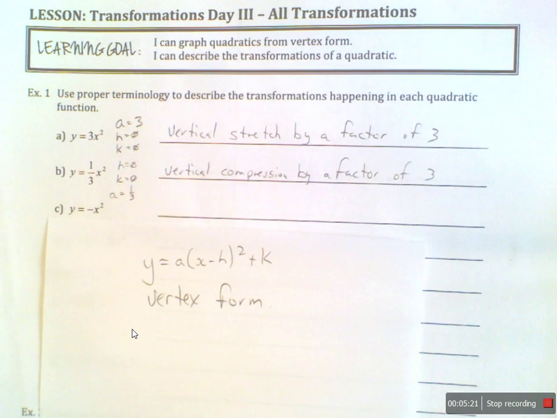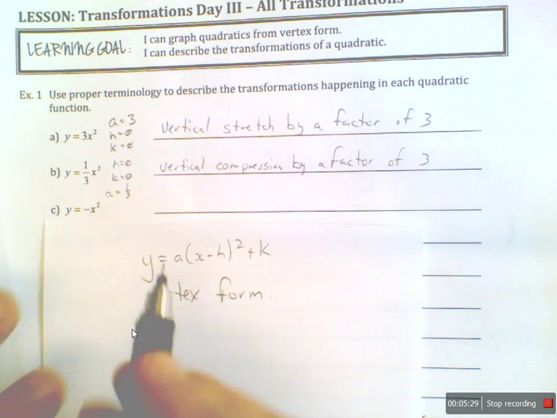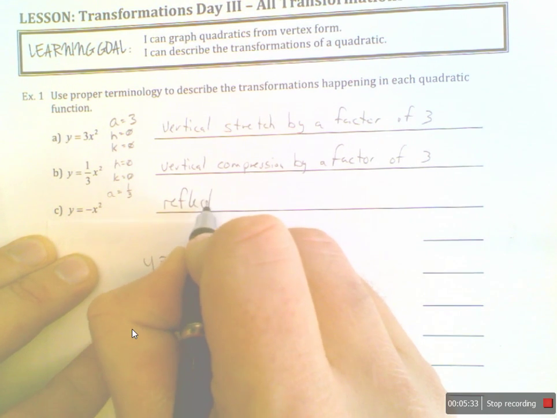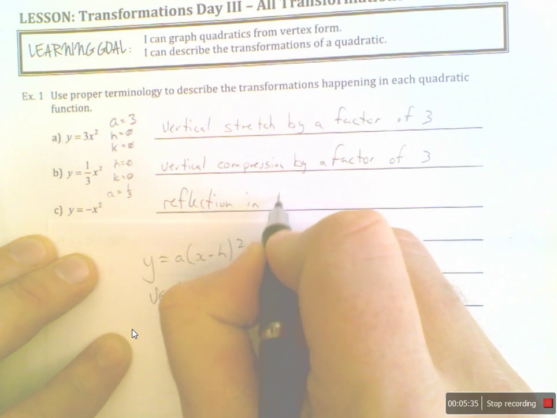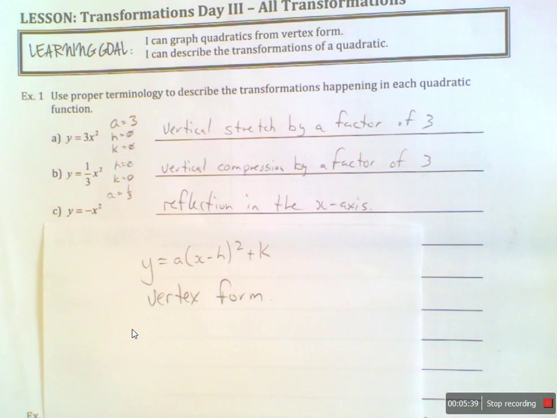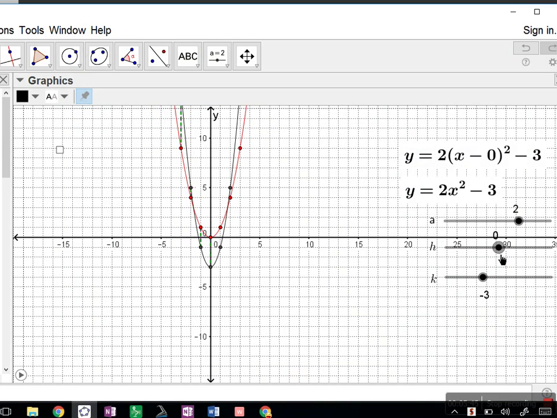And then the last one that we learned yesterday, y equals negative x squared. What does that do? Can anybody describe that? Rip and Preet? Reflection in the x-axis. Nice. Reflection in the x-axis, and so it's like a mirror image. If I go back to this, I'm going to put everything back to 0.